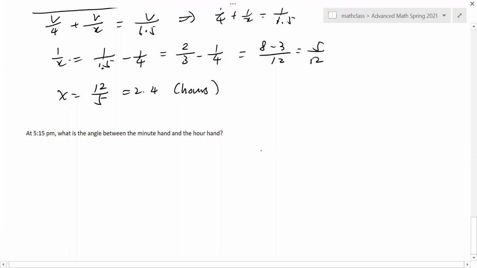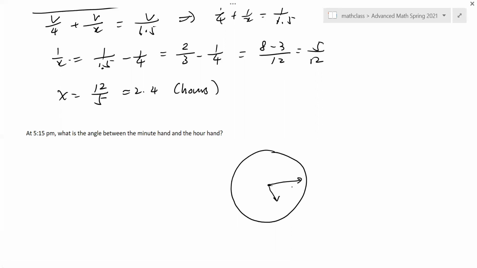So we have to draw the picture here. This is the minute hand, and this is the hour hand. It's about 5:15 here. We want to find the angle between them.